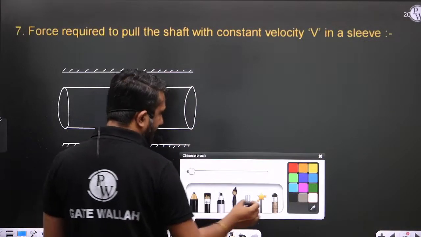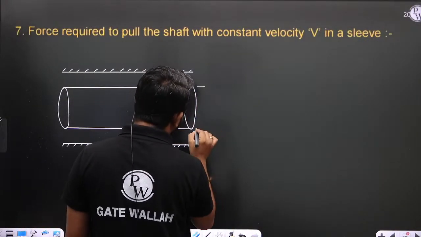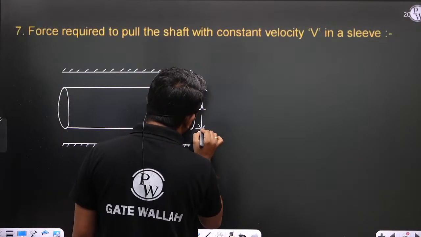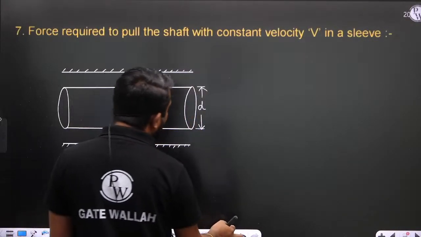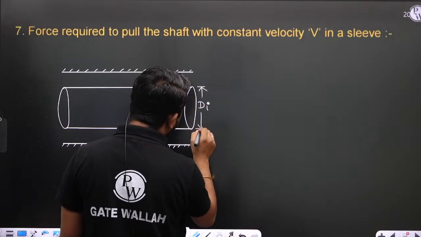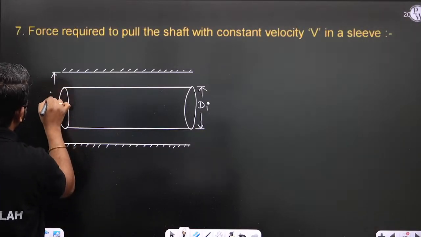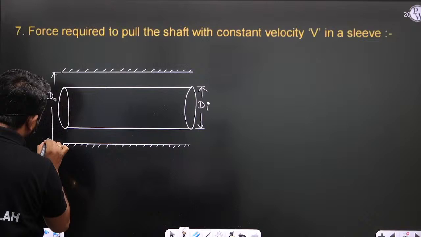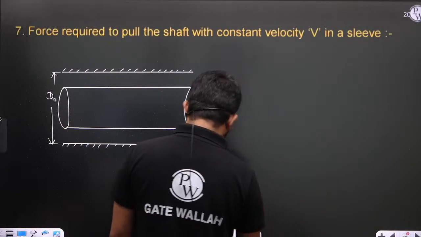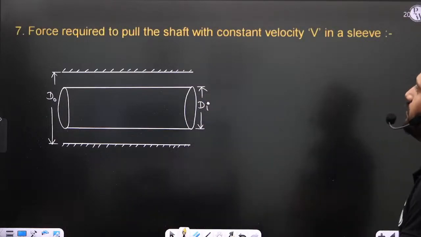Let us assume this diameter is small d, or we can say this diameter is di, and this diameter is d naught. What is the question?